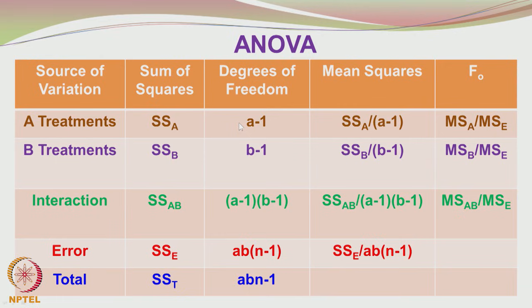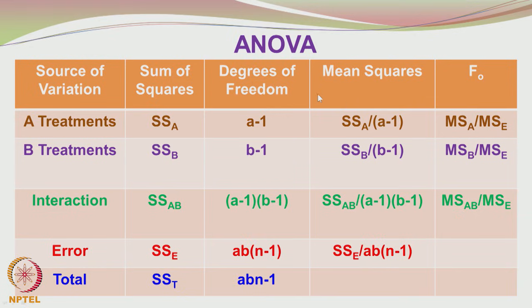And we scale each of the sum of squares by the appropriate degrees of freedom. A is the number of levels for factor A, B is the number of levels for factor B. So, we subtract 1 from A and 1 from B, and then we divide the sum of squares of A by A minus 1, sum of squares of B by B minus 1 to get the mean squares.